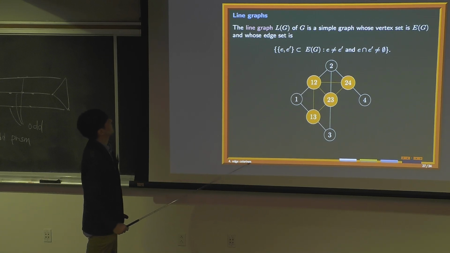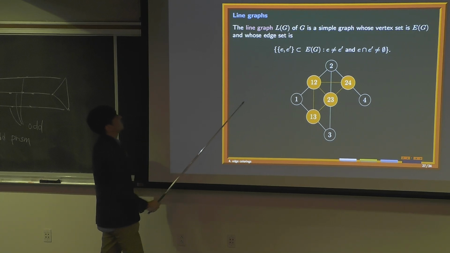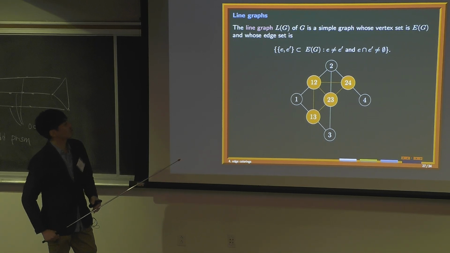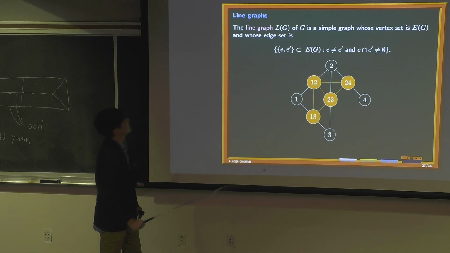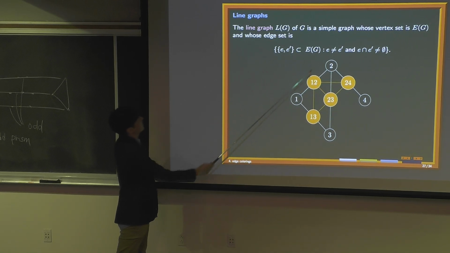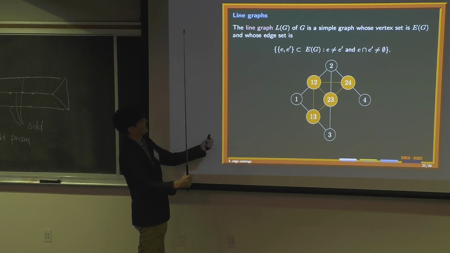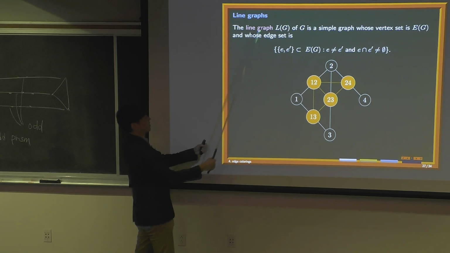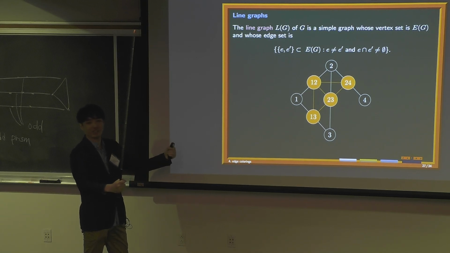So I explain this. The line graph of G is a simple graph whose vertex set is the original edge set, and whose edge set is this one. Namely, two edges form an edge in this graph if and only if these two edges have a common vertex.